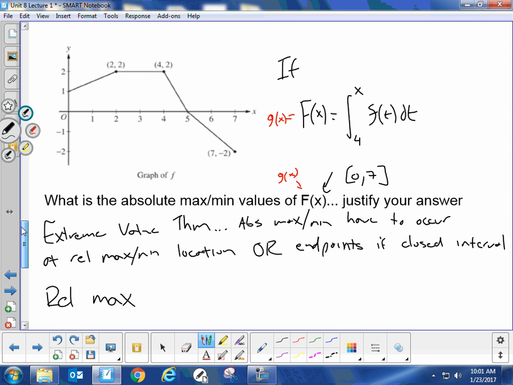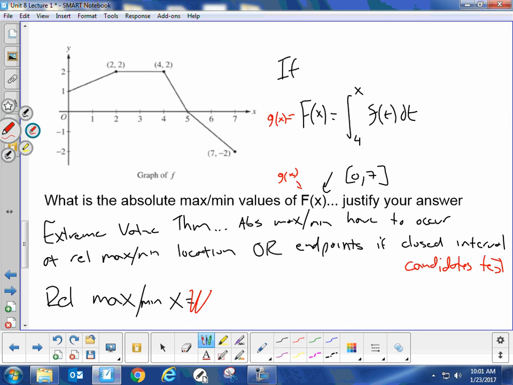Okay, where do we have a relative max? 5. And I say relative max or min, really, because it doesn't matter. It'll just be a candidate. Remember, this is what we call the candidates test.